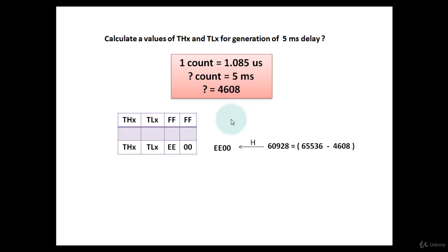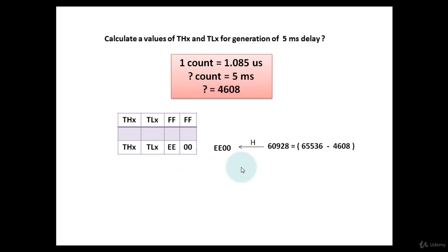Since the timer module counts the clock period and the counter is an up counter, we have to load the value in TH and TL register, which is the maximum count minus this 4608.